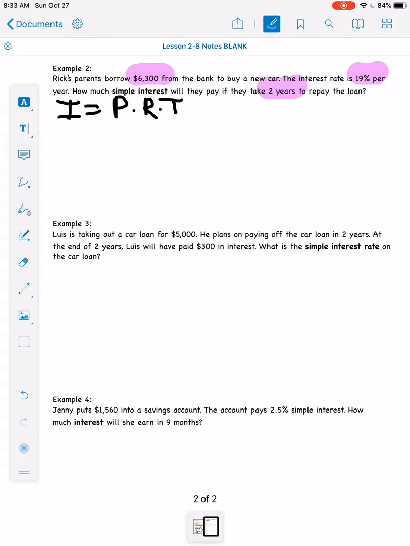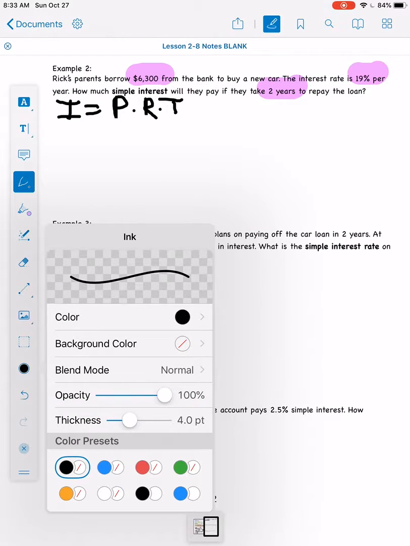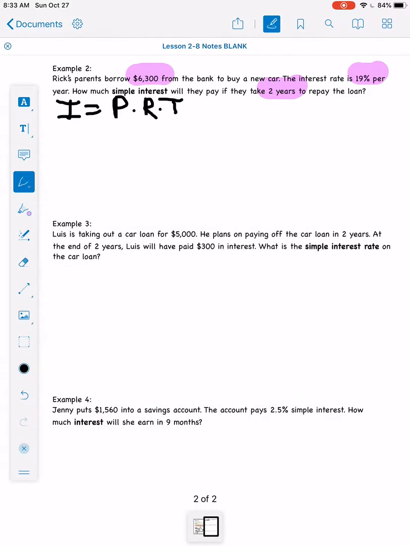Okay, so let's set up our problem first of all. Our interest is going to equal $6,300 multiplied times our rate, which is 19%. I'm going to turn that into a decimal, which is 0.19.